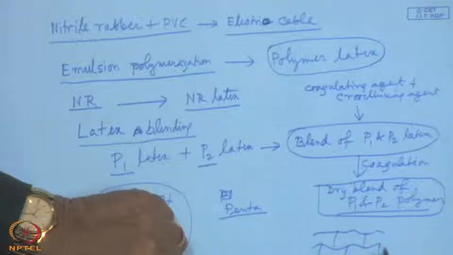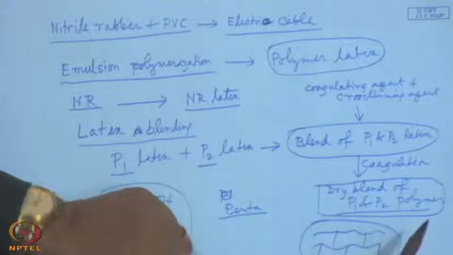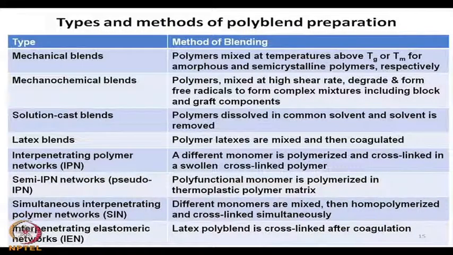That means, that will lead to a cross linked polymer morphology. So, that kind of system is known as latex interpenetrating elastomeric network, and it is done from the latex stage itself.